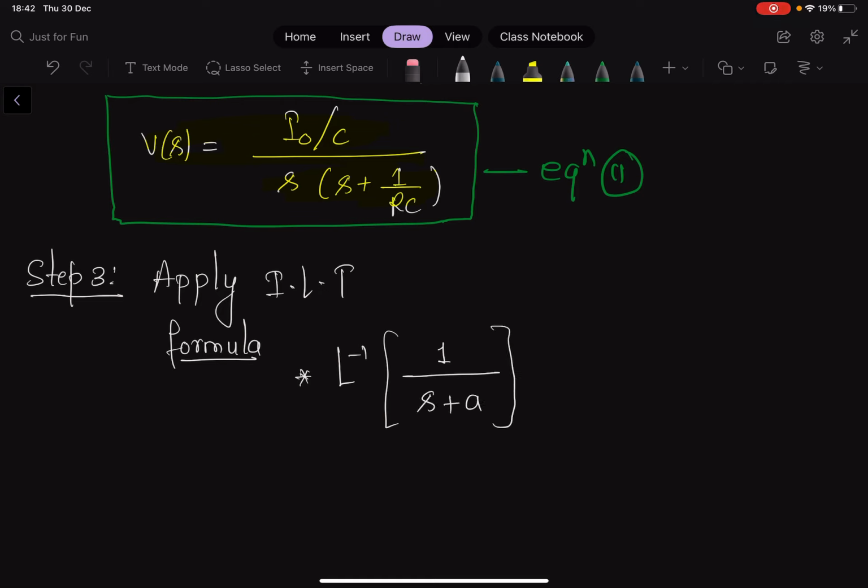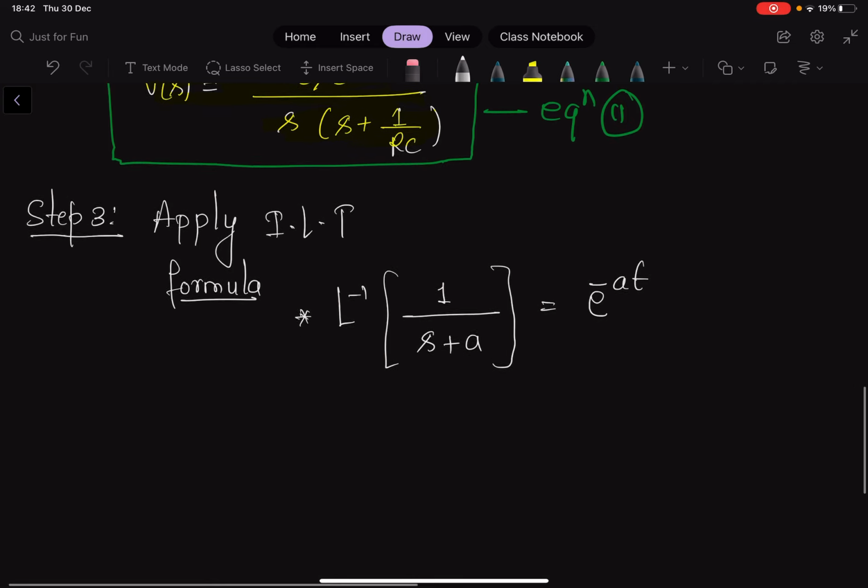So if you have a format like 1 over s plus a, where a can be any value, like 1000, 10,000, 100 or 200, whatever, and you apply inverse Laplace, it's going to convert that into time domain. And what you get in time domain is an exponential function, e to the minus at. So that's how frequency domain is converted into time domain. So that is one thing we're going to use.